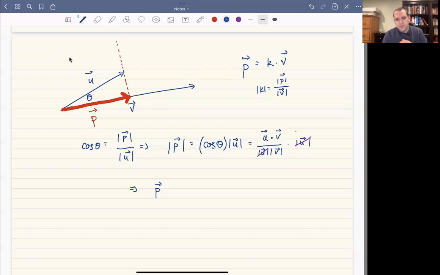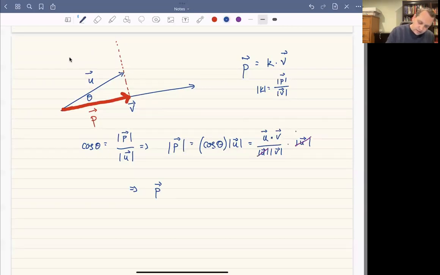So K is going to be that multiplicative constant, that stretching dilation factor.